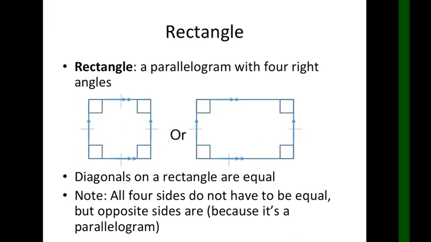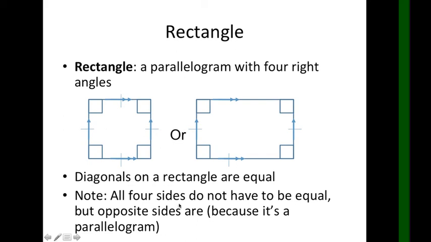Okay? So, rectangle, a parallelogram with four right angles. So, actually, there are both rectangle. A square is a rectangle as well, no? A rectangle, ayan. A square is a parallelogram as well. So, diagonals on a rectangle are equal.